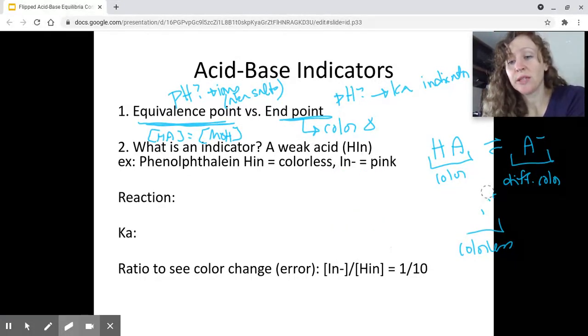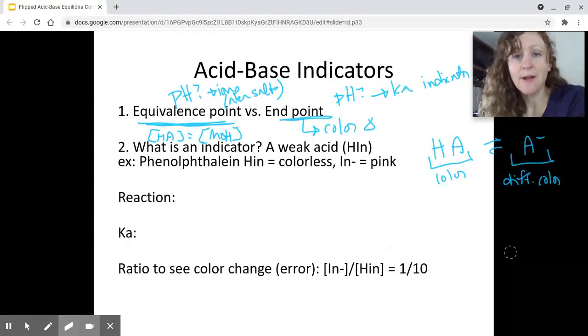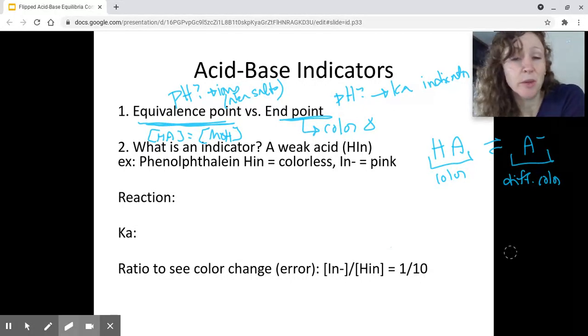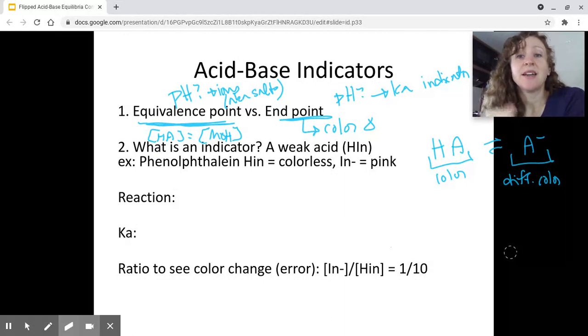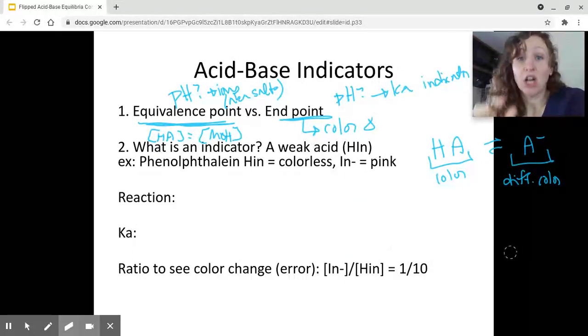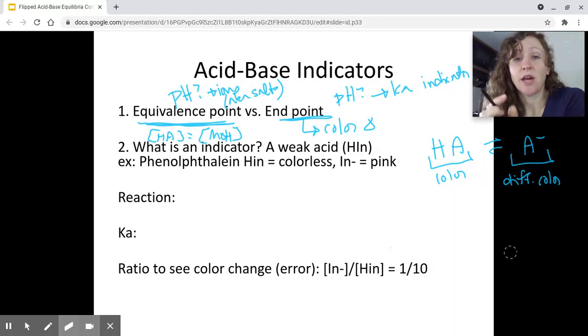In fact, all the really common strong acids and strong bases don't change color between their acid and conjugate base form. The common weak acids and weak bases also don't change color. And so we need to put in a molecule that is colored so that we can see where this end point occurs.